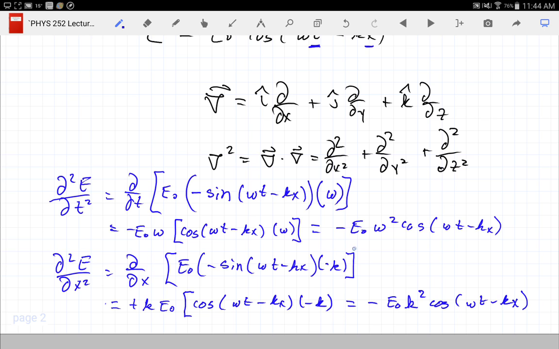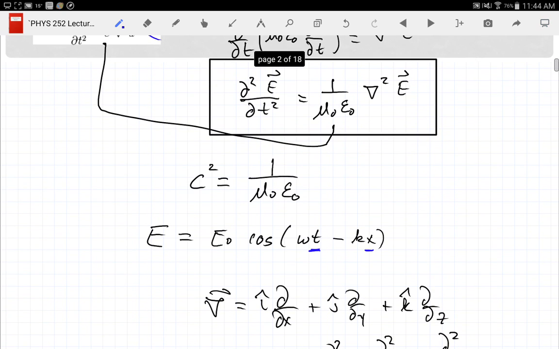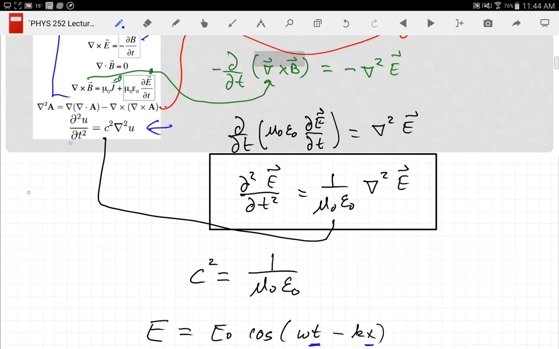Okay, so now I have my second derivatives, and I put them into that form. So I have the derivative with respect to time, which was minus omega squared E0 cosine of, equal with a question mark because I'm testing to see if it works, c squared times minus k squared E0.